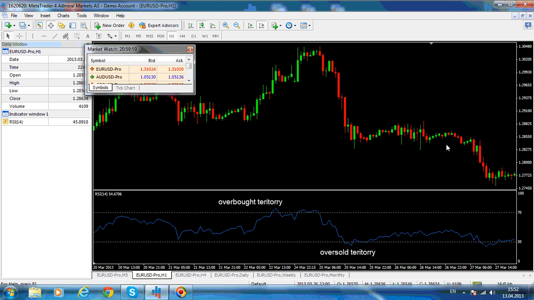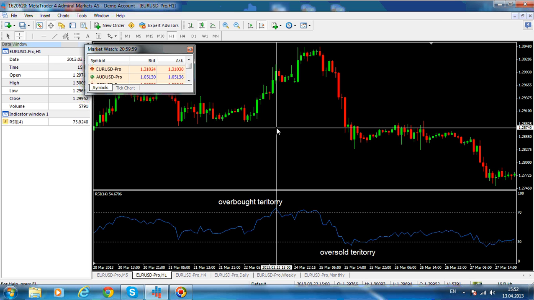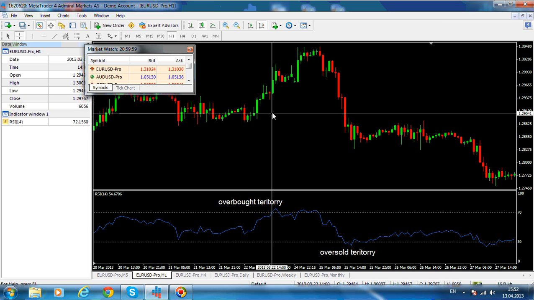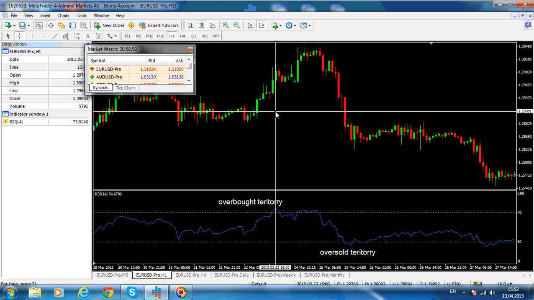Now what does this mean? Well, this means that when the indicator travels into the 70 in here, so look at here, price going to the upside and moving, the relative strength index is breaking the 70 level to the upside, enters an overbought territory, and from that moment on you should look for short signals.